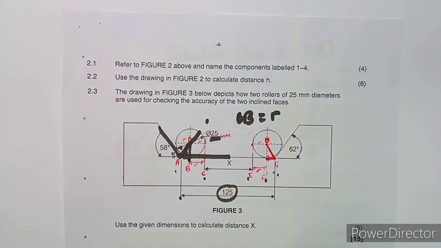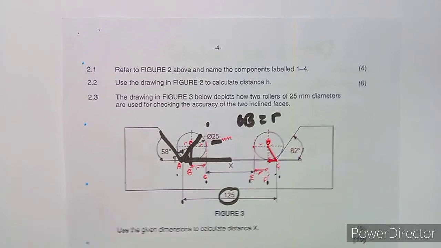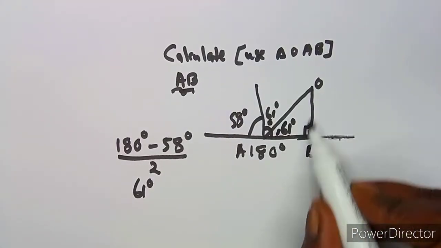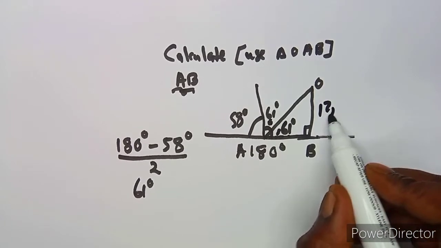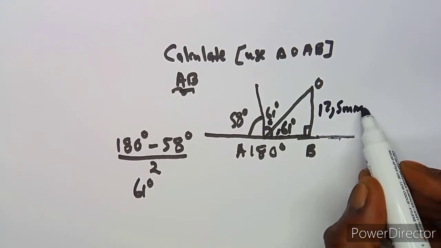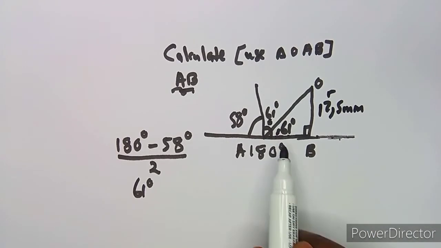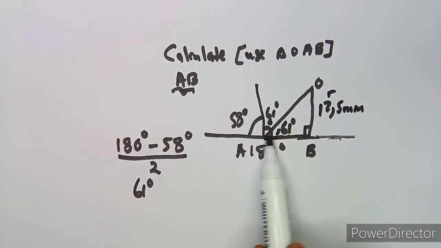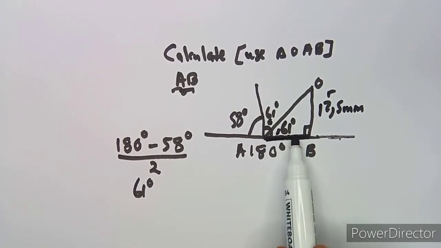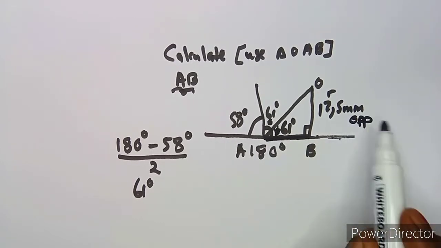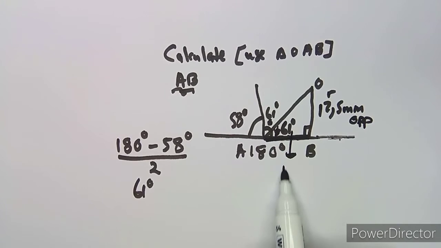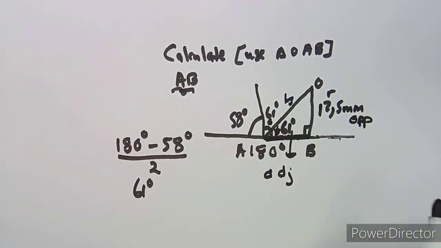I shall talk about it later on, but that is actually a radius that we are having there. So that means I can replace my OB, which is 12.5 millimeters. Remember, that's my radius. So we want to calculate AB, which is this horizontal line, this one, AB. So according to this 61 degrees, this is your opposite, and this is your adjacent, and that is our hypotenuse.